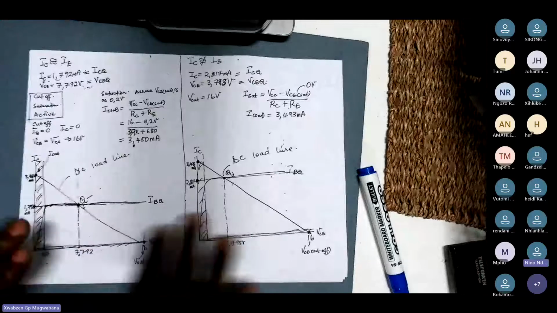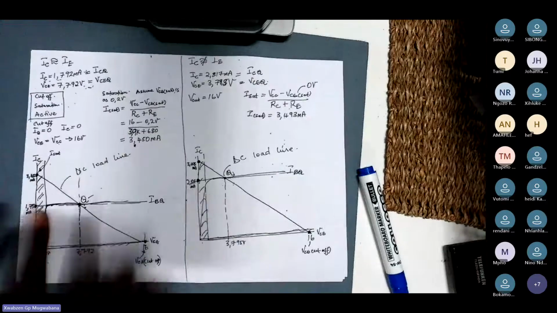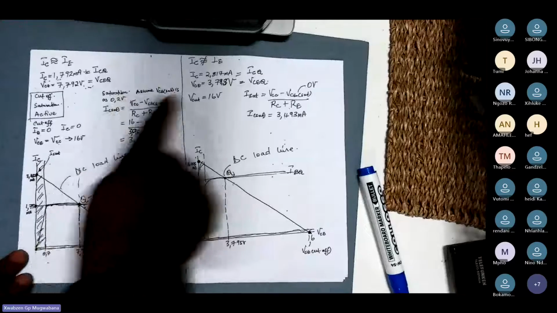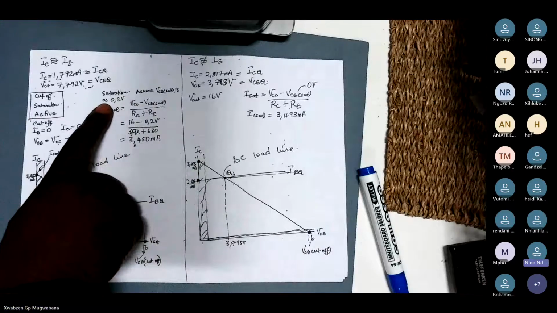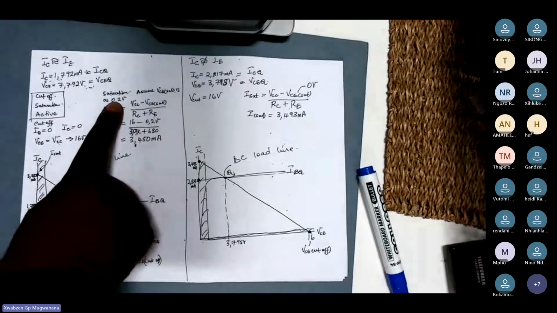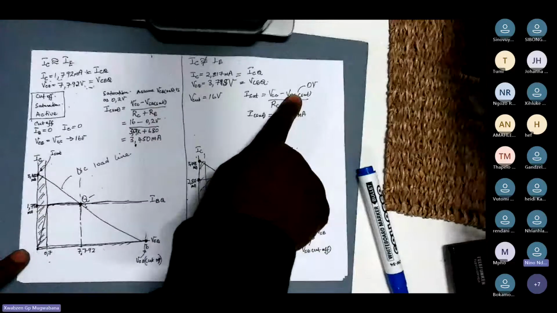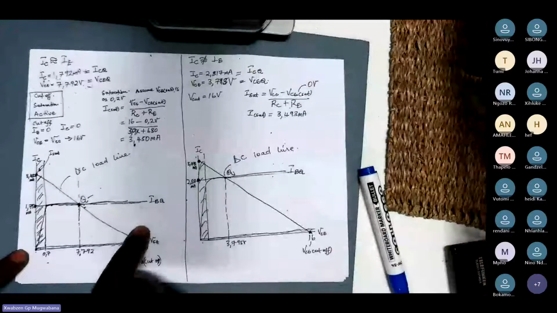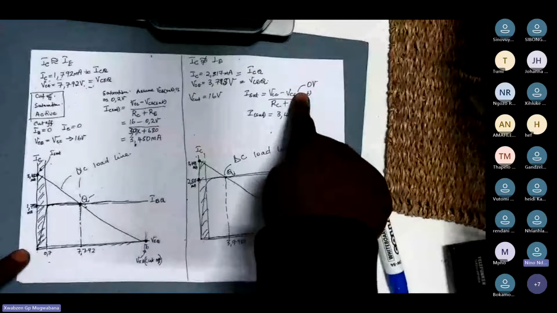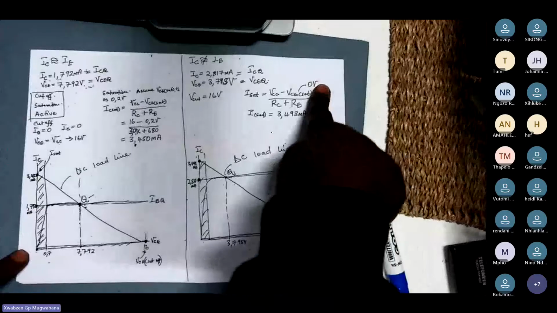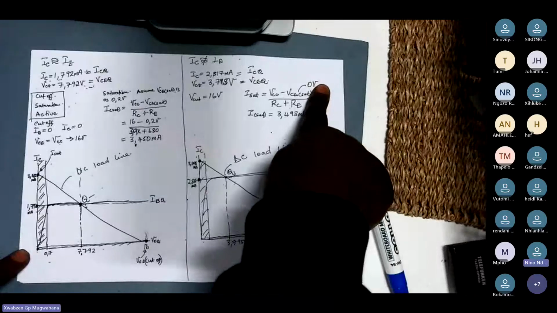The only difference is that here I assumed that V saturation is 0.7 volts, and here I didn't assume anything. On the test, I can say to you that here it's 0.2 volts. Do you understand what I'm saying?